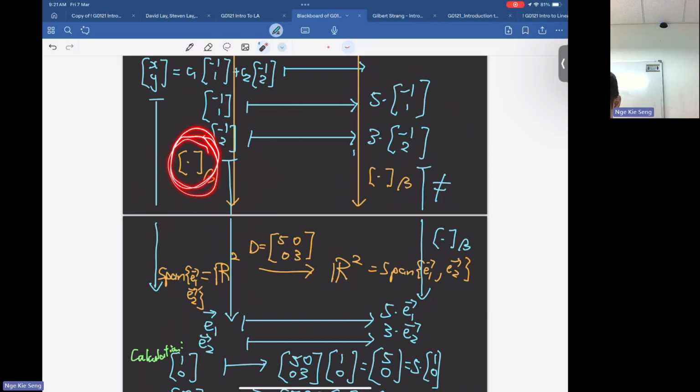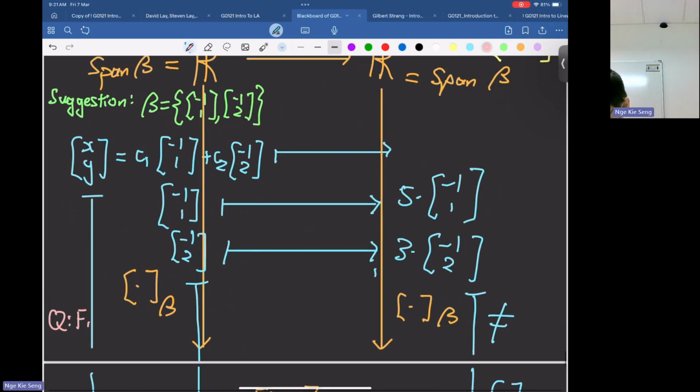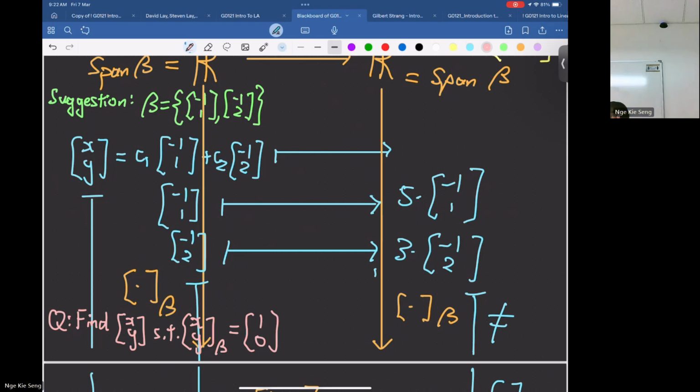So why does it get sent to (1, 0)? Let me show you again. What's the calculation you need to make here? Find the vector (x, y) such that the coordinate vector of this b is (1, 0). Who is it?